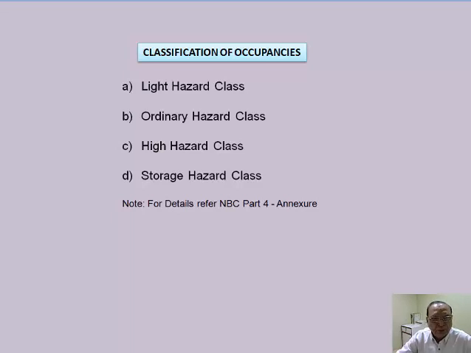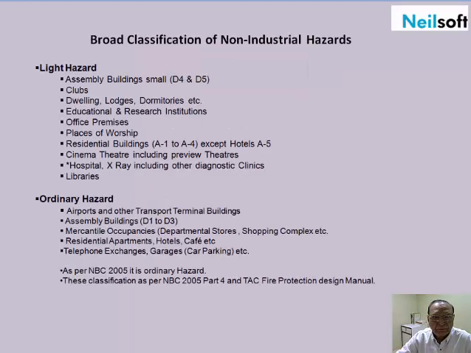This is also further detailed and explained in the NBC Part 4 annexures. The broad classification of non-industrial hazards are the light hazard and the ordinary hazard.